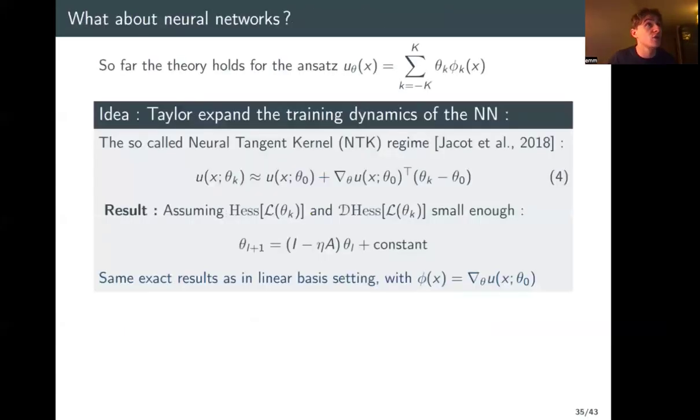Okay, so far, like I said, linear PDEs, linear ansatz in the parameters. And the idea is, how can we connect this back to neural networks?